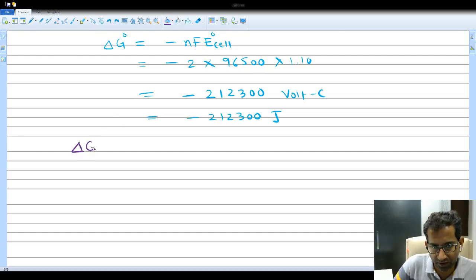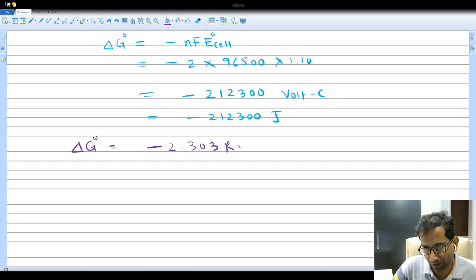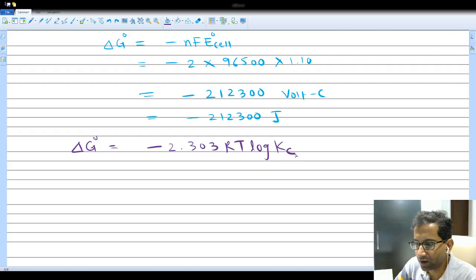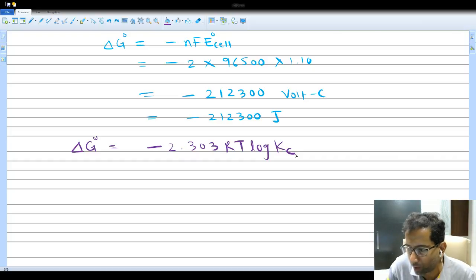Now delta G0 equals minus 2.303 RT log Kc. Why Kc? Only because zinc and copper are in solid form and Zn plus 2 and Cu plus 2 are in aqueous form.